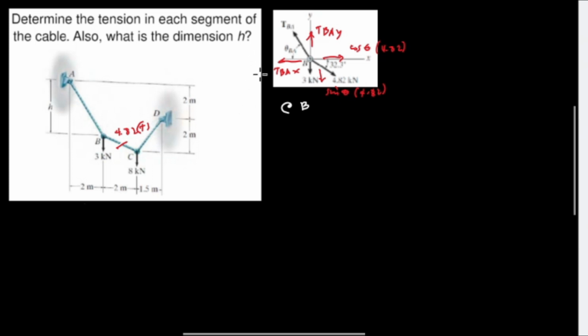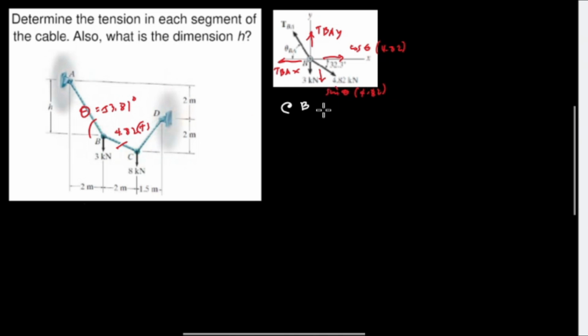And to find the dimension H, we will use the value for theta, which is equivalent to 53.81 degrees.